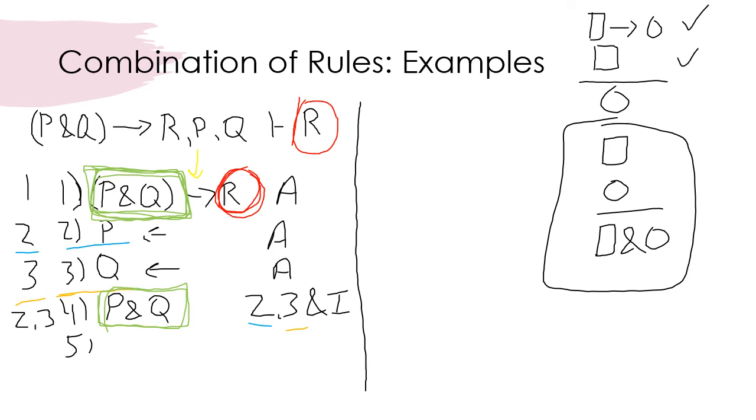And so since I have these two pieces, I've got an arrow, and I've got the left-hand side of the arrow, namely that right there. I can go ahead and derive the circle, which is just R by itself. And since I have the R by itself, that's what I'm looking to prove.